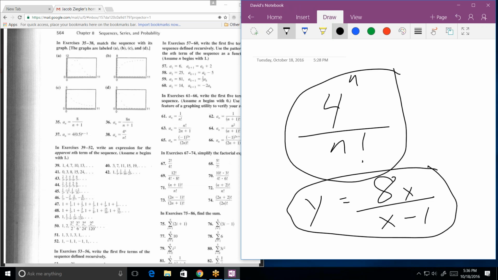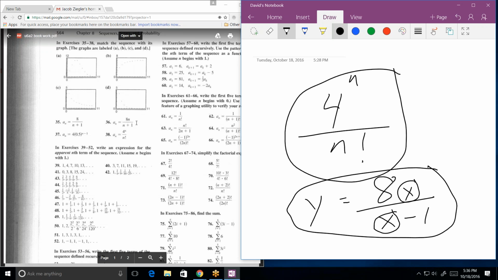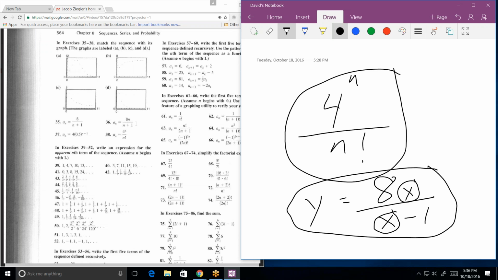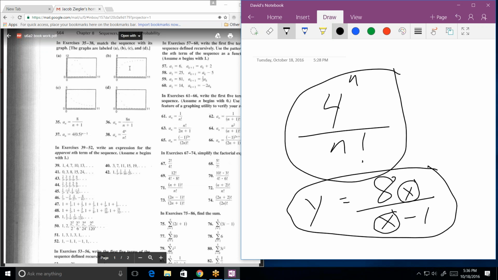In other words, because the power of the numerator is the same as the power of the denominator, the horizontal asymptote is the ratio of the coefficients. And that's what 36 is. Notice the ratio of the coefficients in 36 is 8 over 1. So that's the horizontal asymptote. So 36 goes with B because only B approaches 8. Okay?